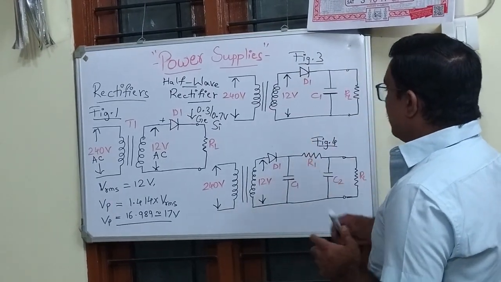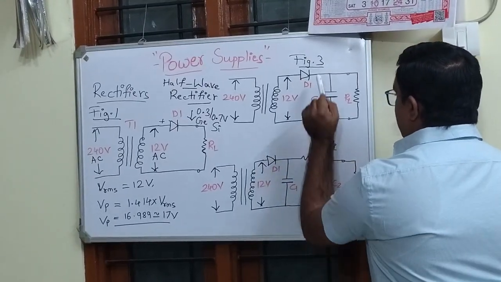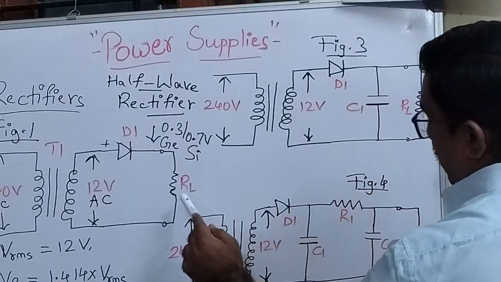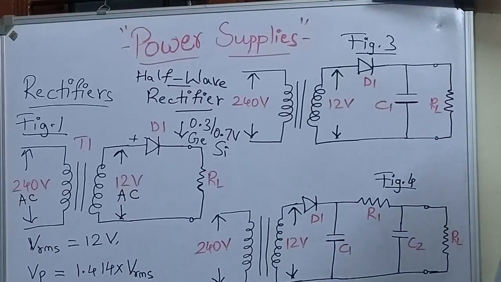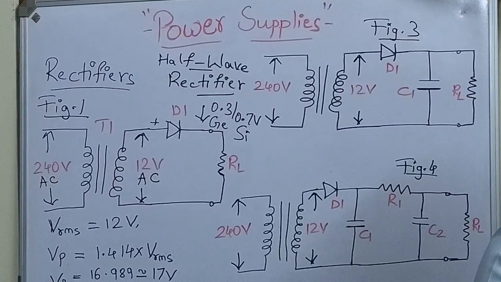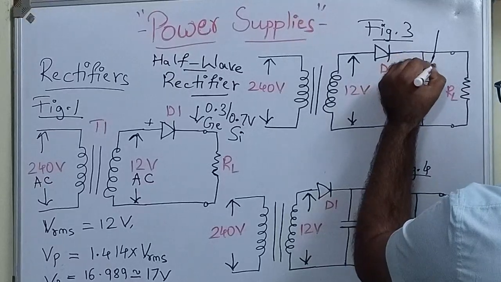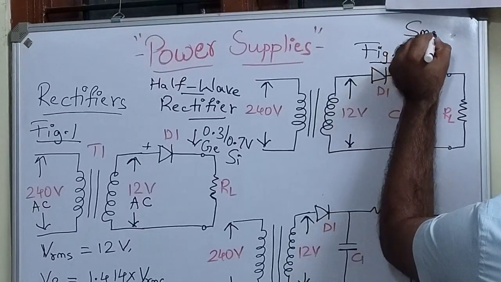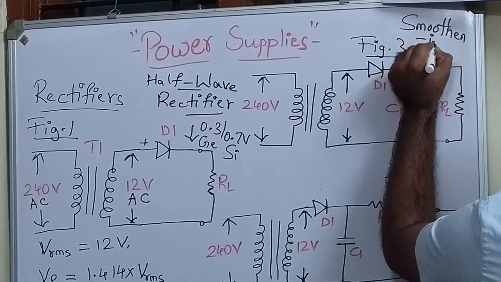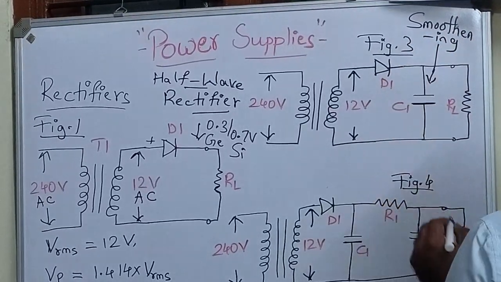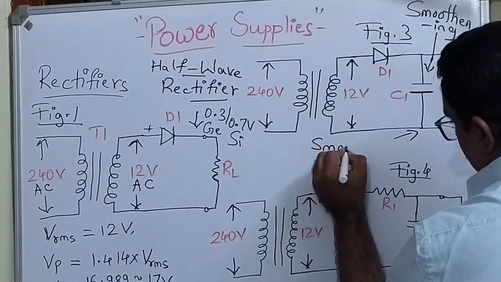Next, in figure 3, you can notice that we have an additional capacitor called C1 before the load resistor R. This capacitor is part of our smoothing operation, and is often called a smoothing capacitor.